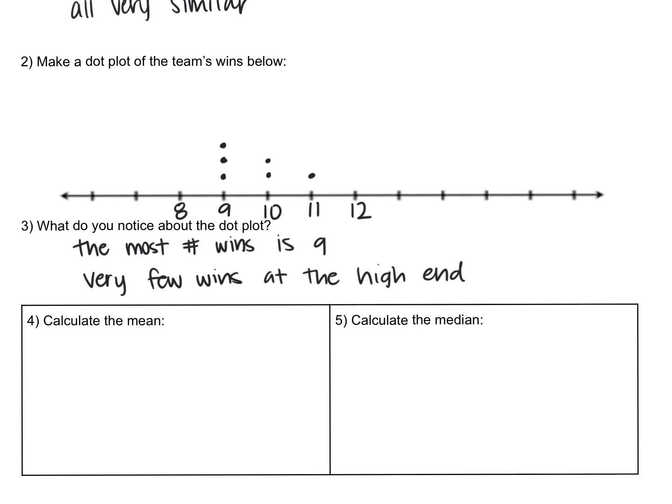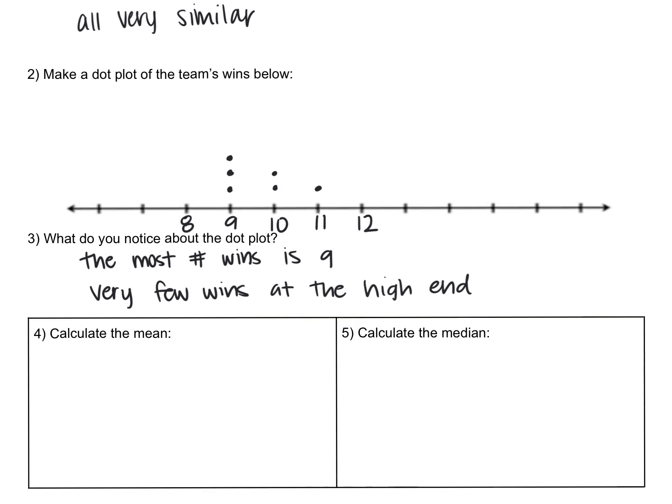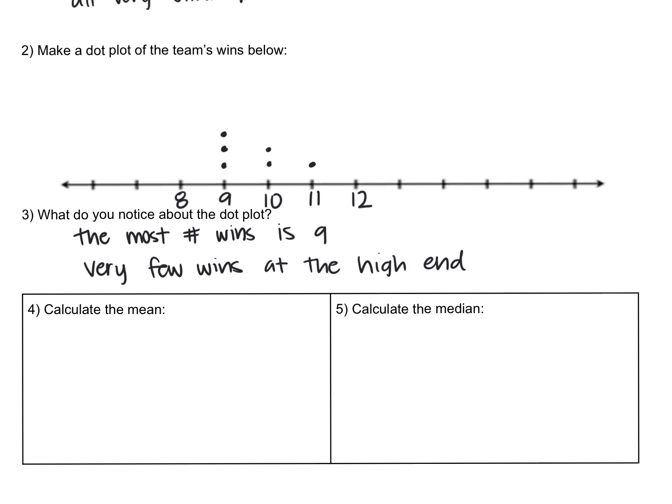So let's go ahead and calculate our mean and our median. Just to review, for the mean, we're going to add up all of our numbers: 9 plus 9 plus 9 plus 10 plus 10 plus 11. We're going to get 58. Then we're going to divide by 6, and we're going to get 9.67.